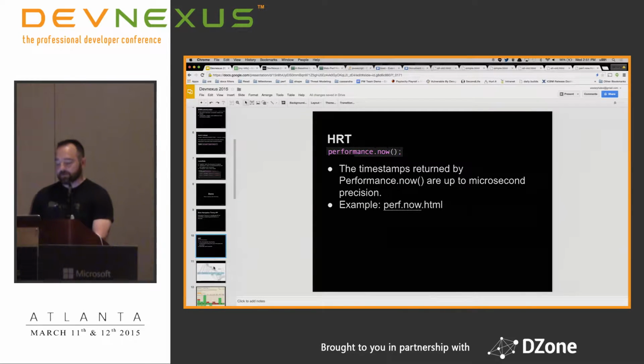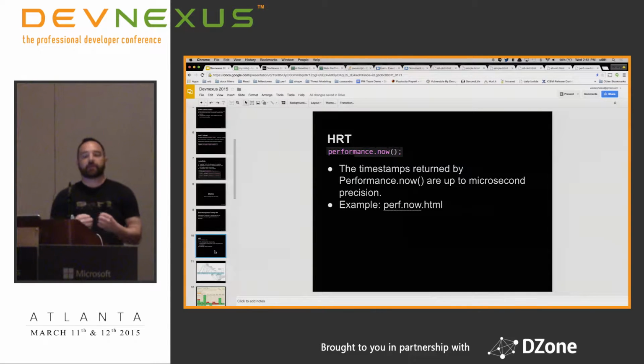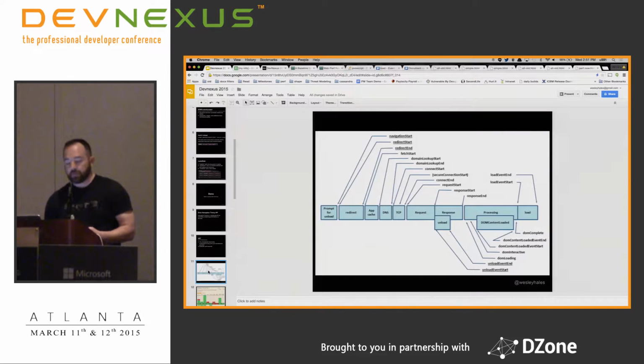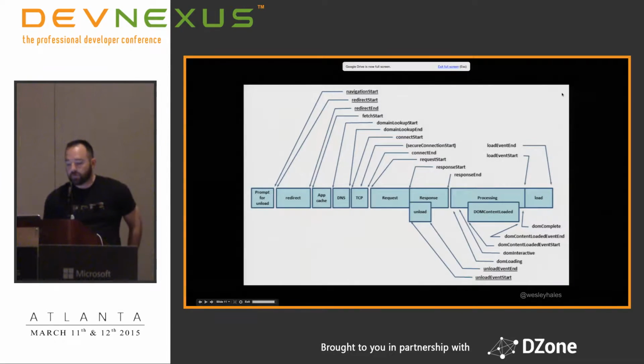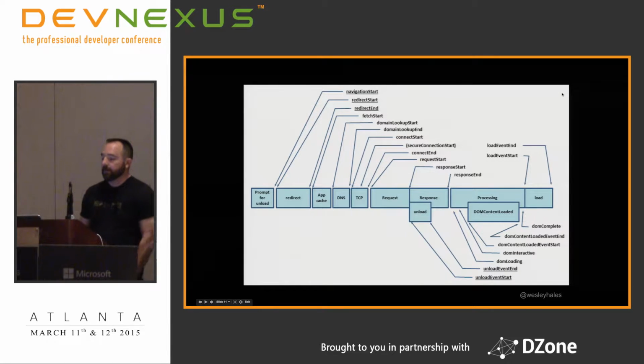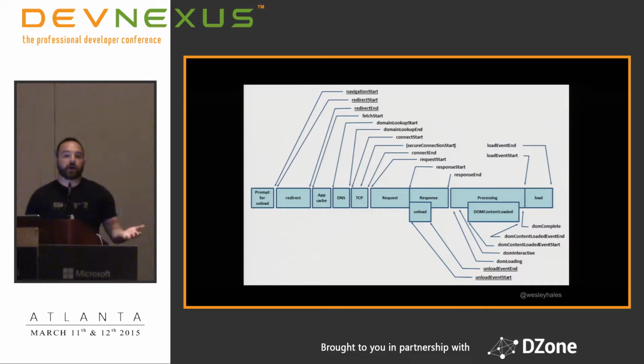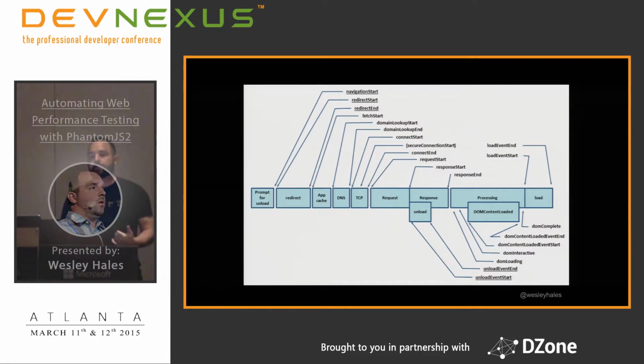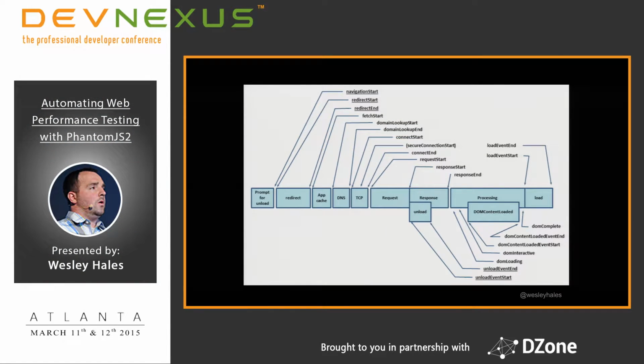Let's see what else. So with navigation timing, we get this high resolution time, and we also get a lot of other events. Namely, let me make that a little larger. We get all of these. I'm not going to sit here and name all of them, but if you just Google navigation timing API, you'll go to the W3C specification and see the same chart.